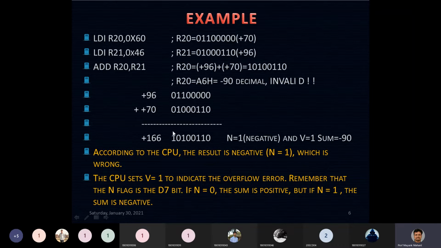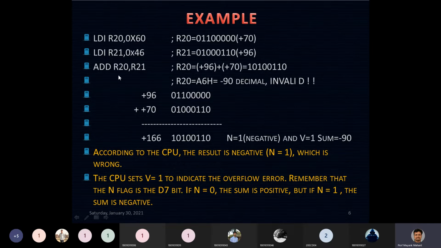If you consider this bit as the sign bit, this is a negative number. So it is interpreted as minus 90, but the exact value that you should be getting is 166. It will not give you 166, it will give you this number, which is exactly equal to minus 90 as per our interpretation. So you will not be getting a valid result.